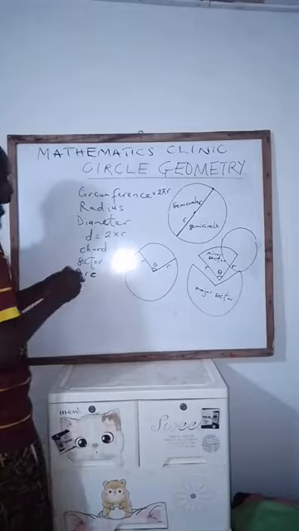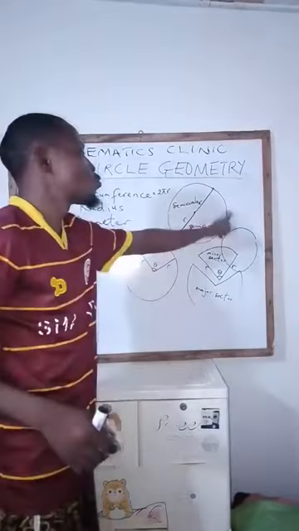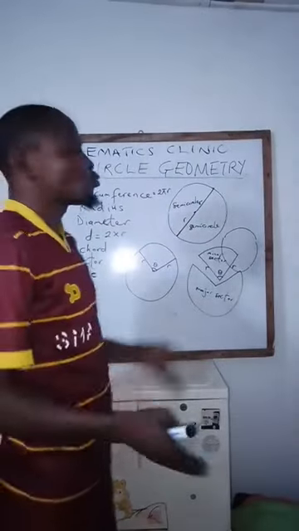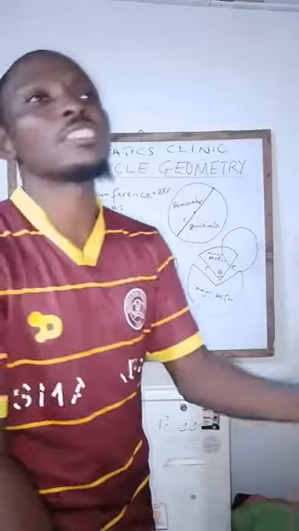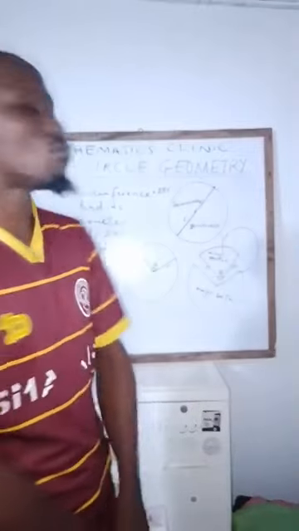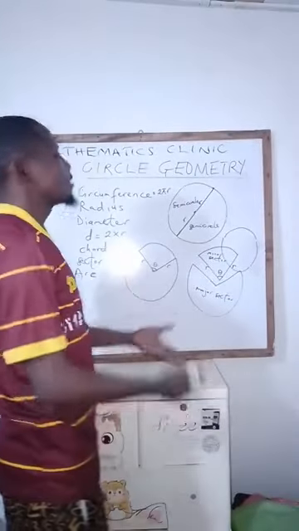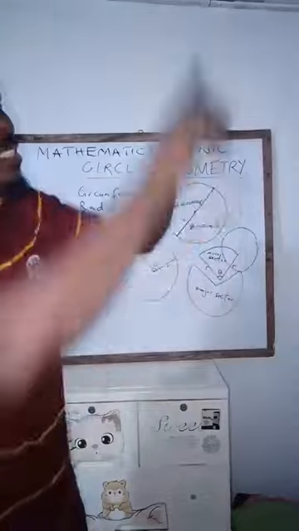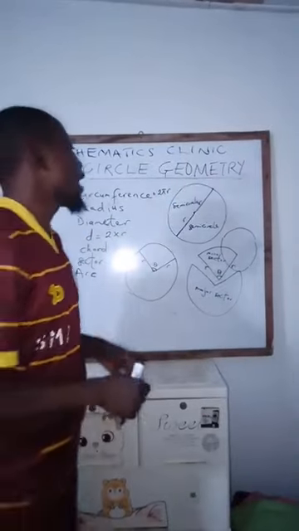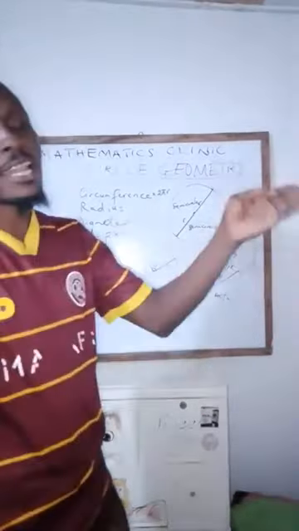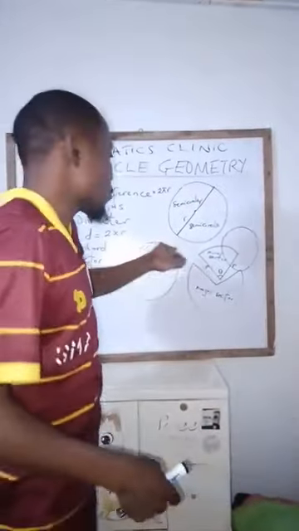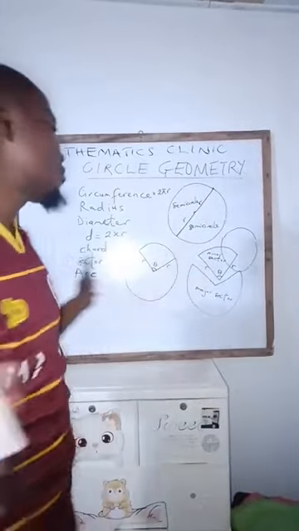What is an arc? An arc is a part of the circumference cut out by two radii at an angle at the center of the circle. Quite simple.